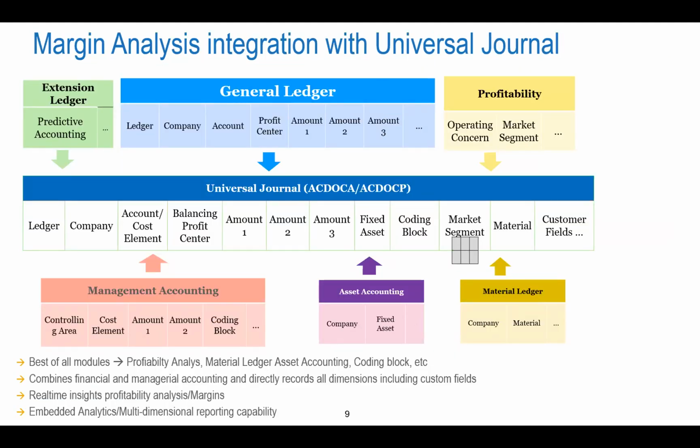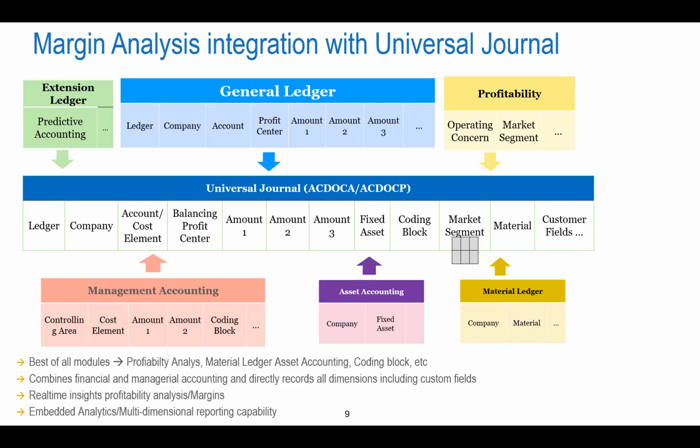You may have seen this diagram several times in other sessions or in some SAP help documentation or in seminars. There's nothing new here, but I do want to highlight how this Universal Journal, or ACDOCP for the planning table, integrates with margin analysis.